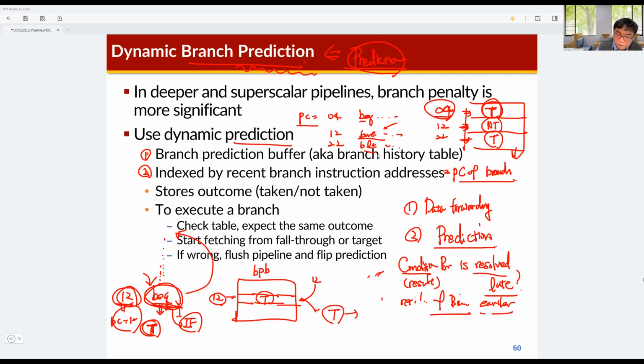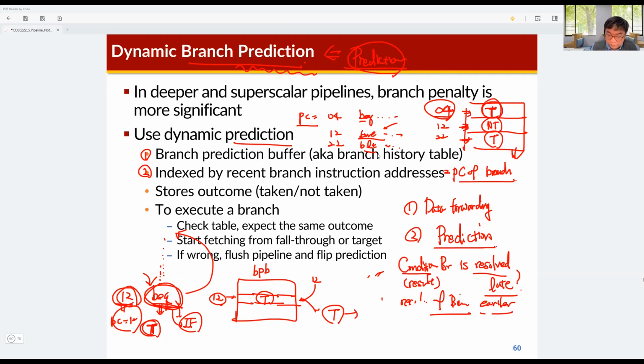Then we can predict, at this instruction fetch stage, we don't know the real result of the branch instruction, but based on this branch prediction buffer, we can know the previous result of this branch instruction.